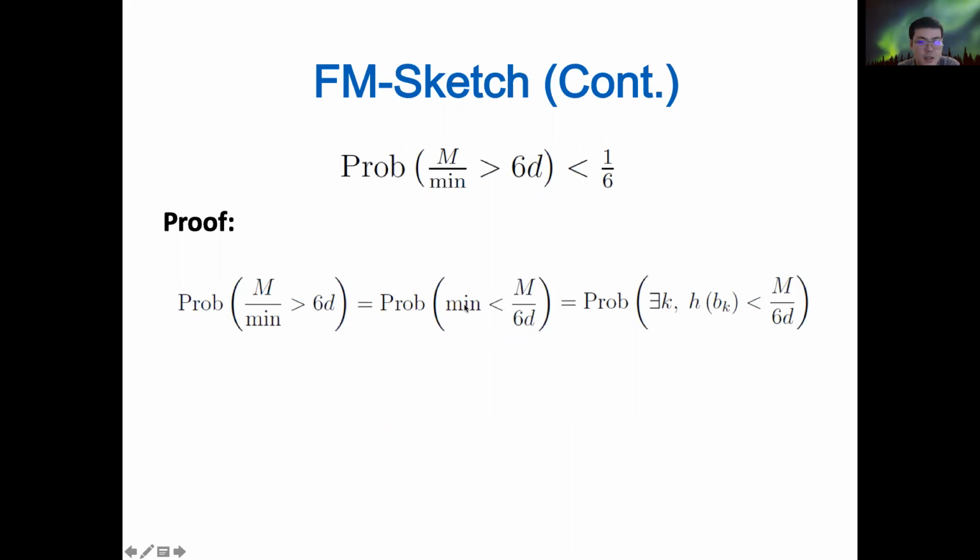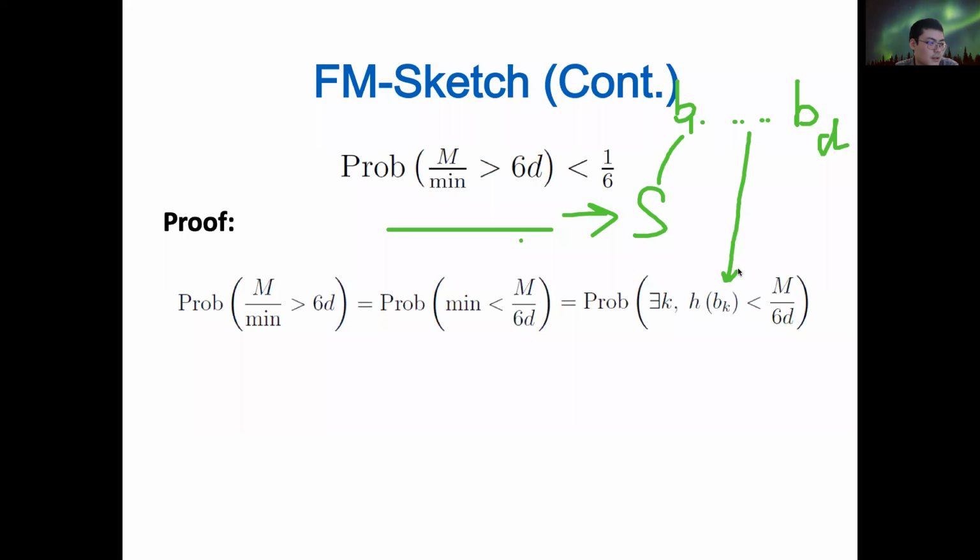Whenever you see a number, you hash it, and you keep the minimum value. So let's consider the whole stream. We take the set of different items, say we have d different items, b1 all the way to bd. For a particular item bk, when we hash it, what's the probability that the hashed value is less than this?